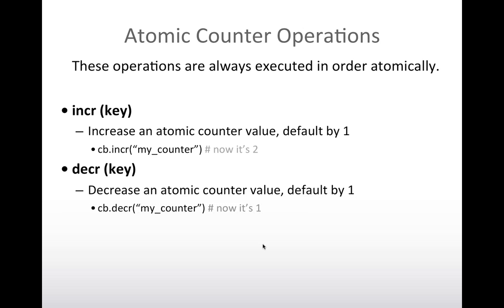This is really equivalent to what you have in a relational database when you use a sequence. You have a counter that is incremented, and you use the value of this counter, for example, as the primary key of a specific row. So it's exactly the same here. You will use increment and decrement of a specific key as a reference to another one. And I will try to show you that in a minute.